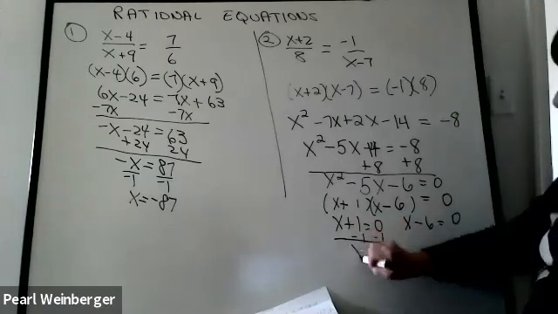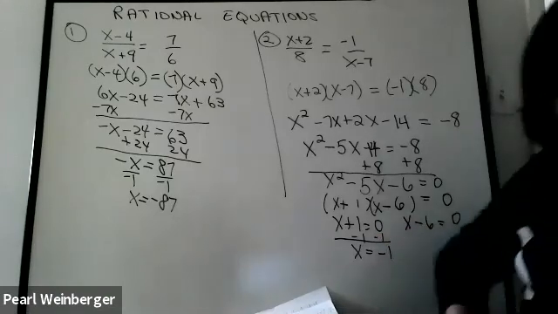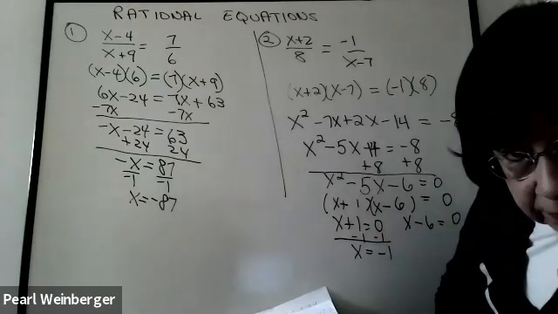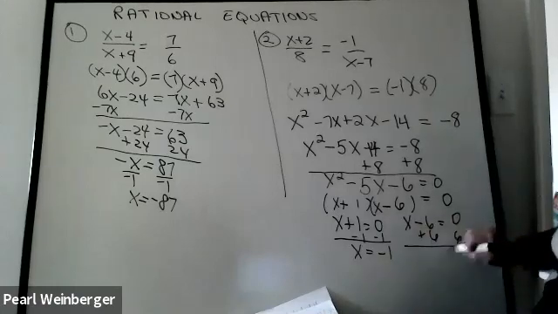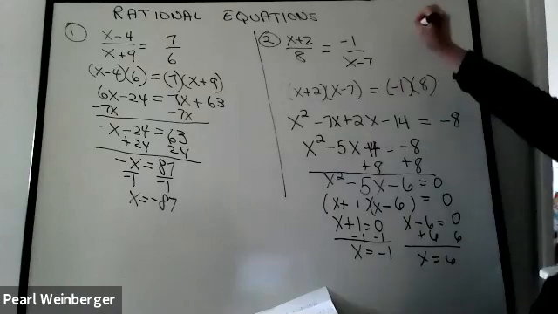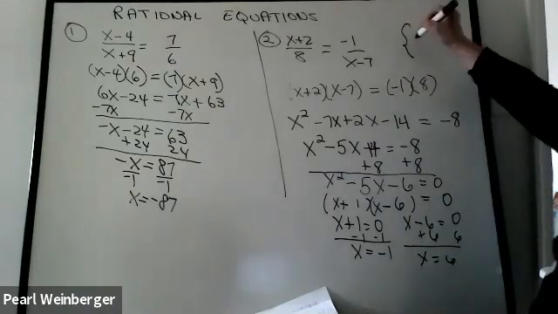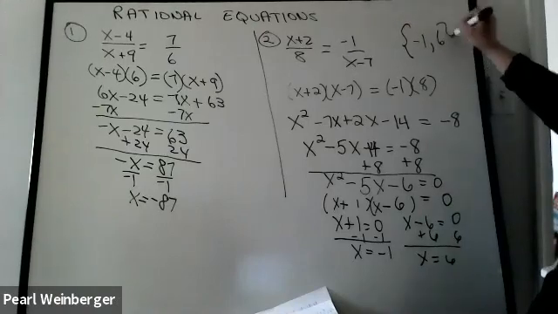So one answer becomes x equals -1. And the other one gives me x equals 6. So my two answers turn out to be -1, comma 6, which you can put in these.